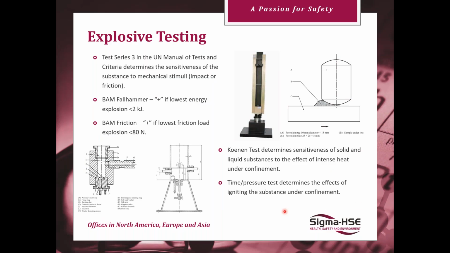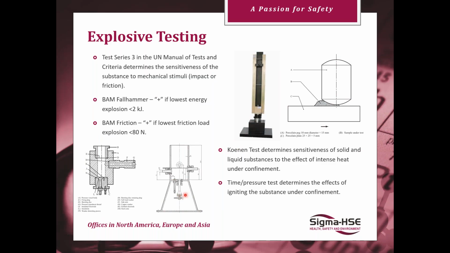Moving on then, we have the Koenen test, which is this piece of equipment here. It uses non-reusable test cells with open orifices, which allows any decomposition gases to escape. We contain this test cell within a steel welded box, and we have propane-fueled burners situated on the outside, providing a heating rate to the tube of 3.3 degrees a second.